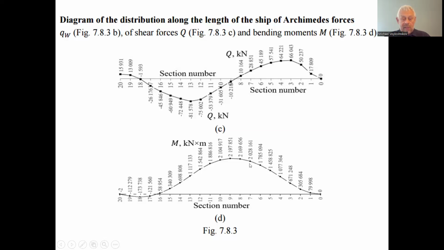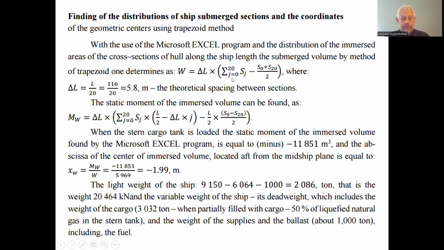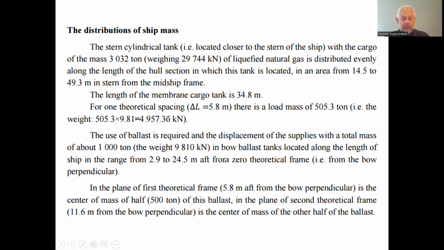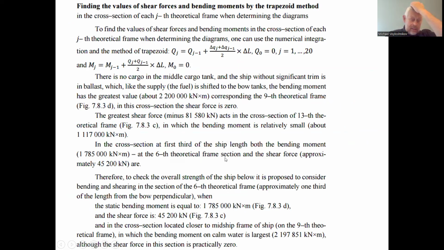The shear force in the same frame we have almost 0. And in the cross section at the first third of the ship length, the bending moment is quite significant, 1,785 kilonewton per meter, and on the 6th theoretical frame section the shear force is approximately 45,200 kilonewton.